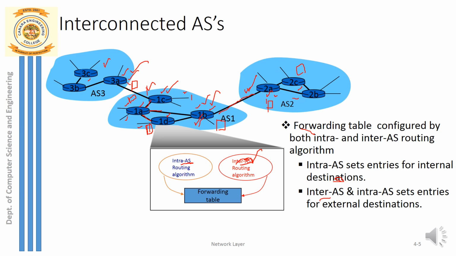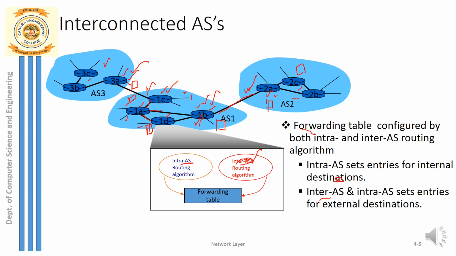An inter-AS entry is needed if a packet has to be sent outside the organization, to the other autonomous system. That means the gateway routers have to maintain information in the forwarding table wherein the shortest path is calculated to reach the other organization, not inside the organization, but outside it.